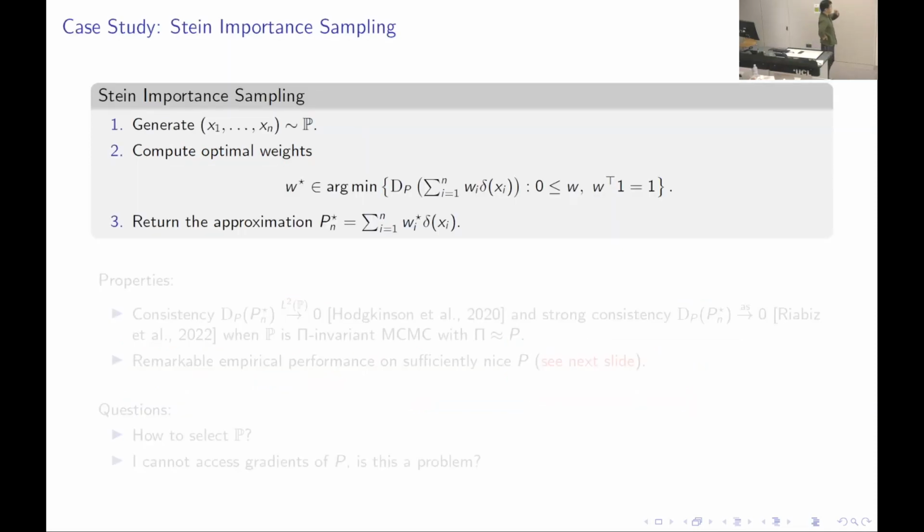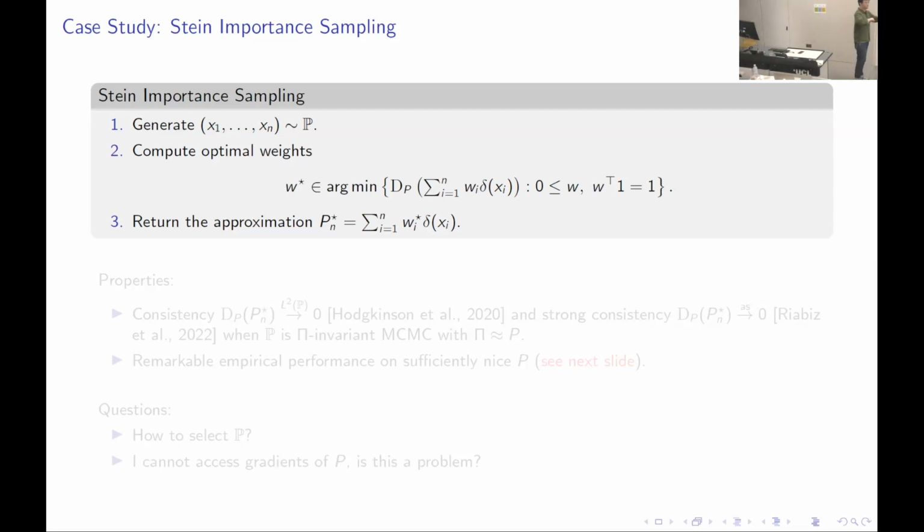And so this is Stein importance sampling. This is not pi importance sampling yet. Just to set the scene, in Stein importance sampling you generate a whole bunch of particles from some proposal distribution, which is the bold P here, and then you compute the optimal weights W star in such a way as to minimize the Stein discrepancy of the weighted discretized states, which is just a set of points you can think of.